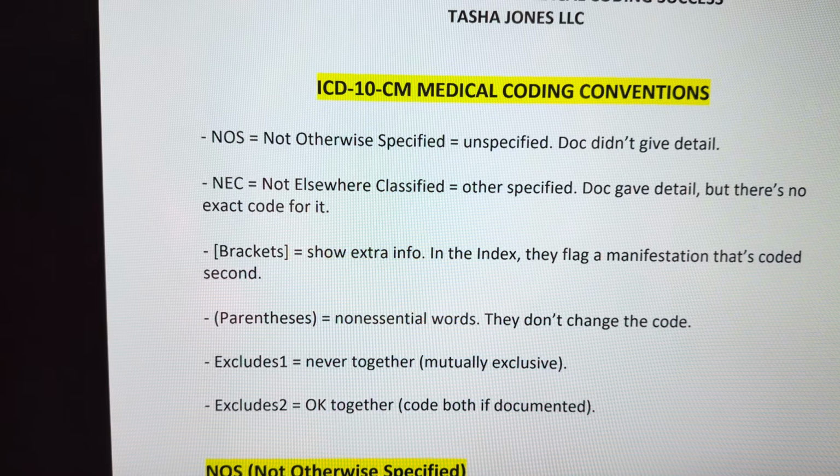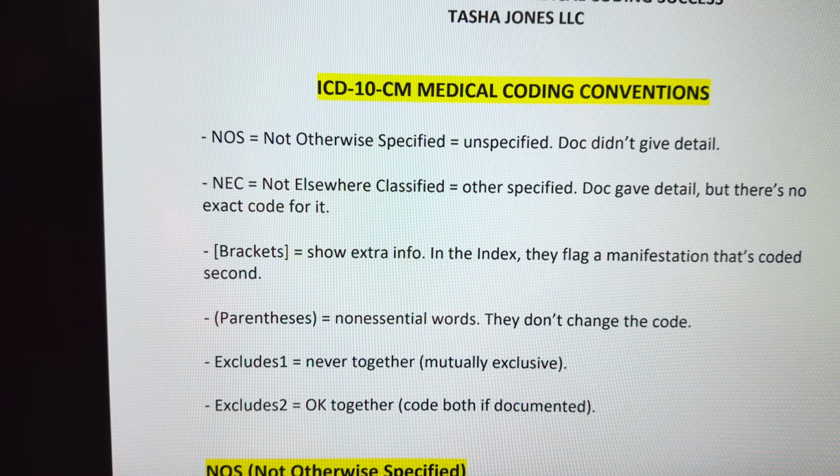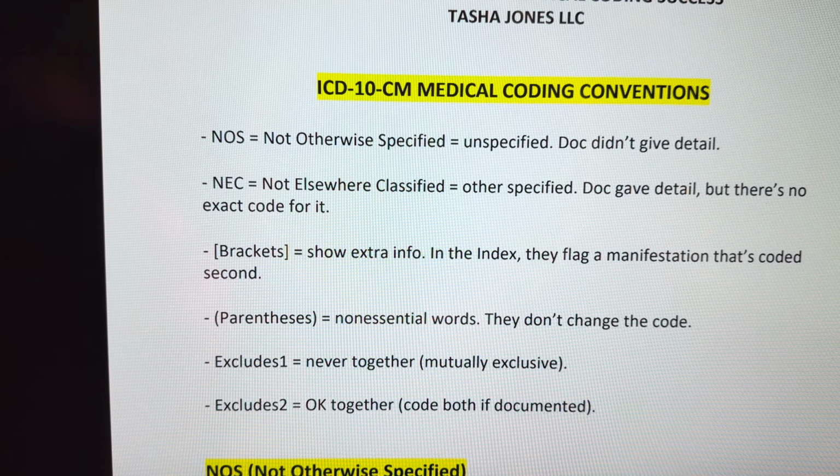So they're part of the classification itself. These are not extra advice added later. For example, conventions help you know when an X is a placeholder, when a note means code first or use additional code, and how to understand terms like with and other.